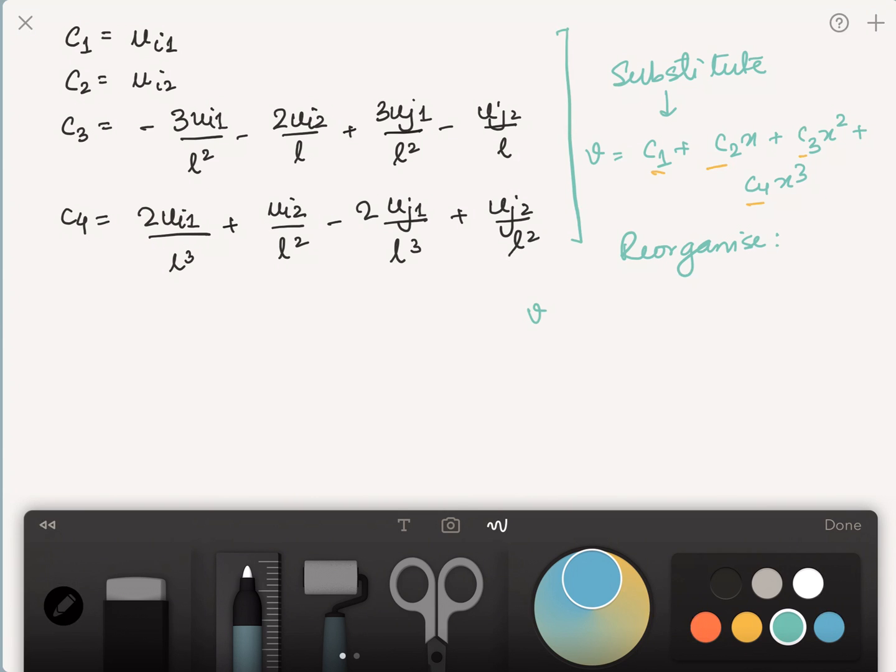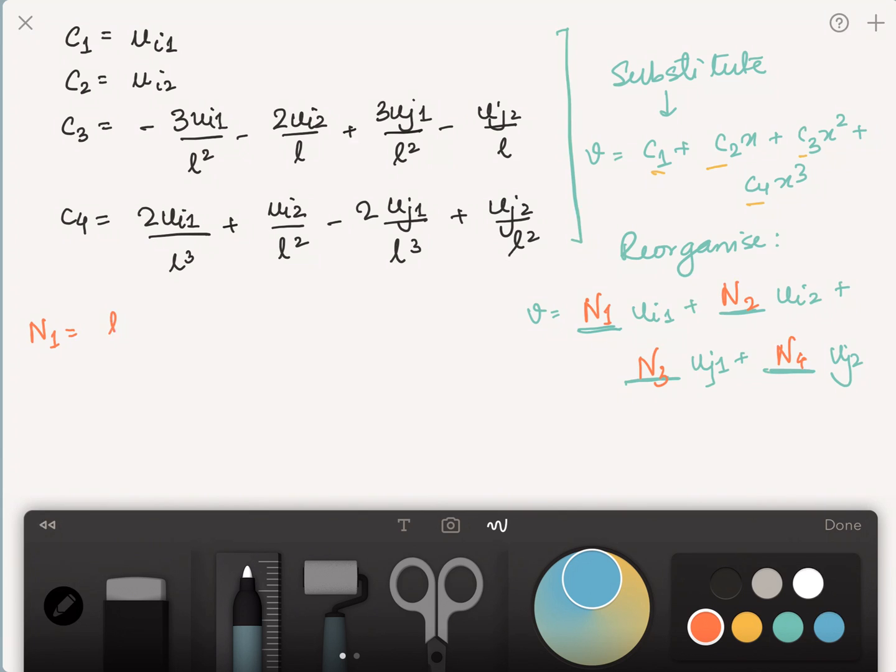So that v can be written as something times ui1 plus something times ui2 plus something times uj1 plus something times uj2. And these somethings are basically the shape functions for the beam element that we are trying to derive. If we do that, then we get N1 equal to L cubed minus 2Lx square plus x cubed, the whole upon L cubed.